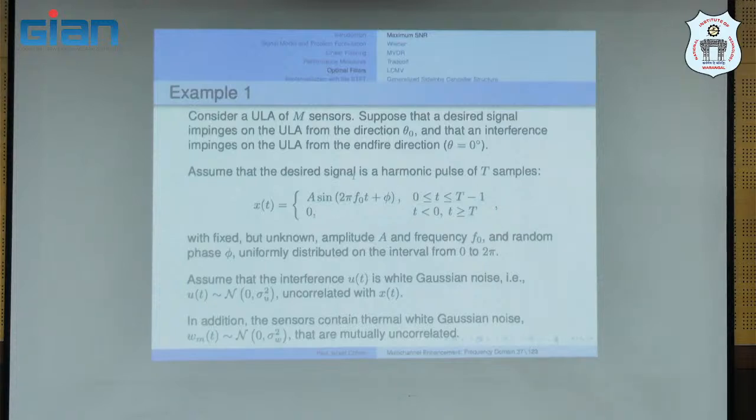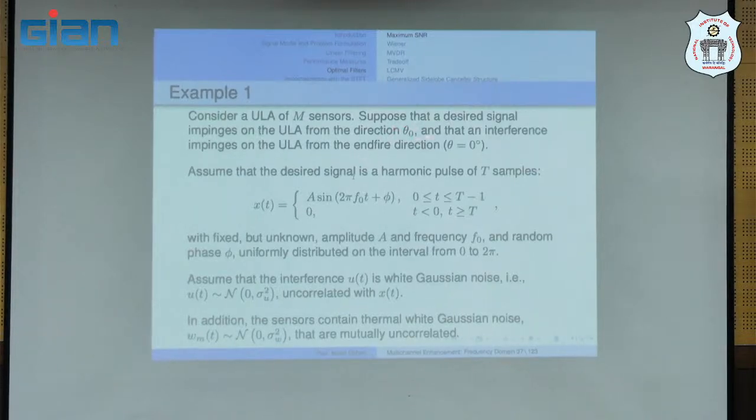Example, did we see this example yesterday or not? No? Okay. So in this example, suppose that we have a signal like this. We have capital T samples of a sinusoidal signal with a constant amplitude and frequency f0, and the phase is uniformly distributed on the interval between 0 and 2 pi.